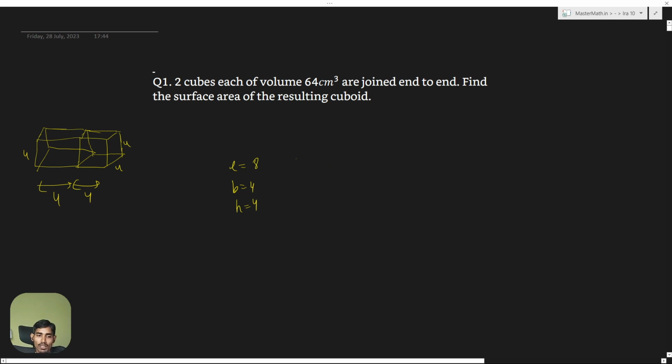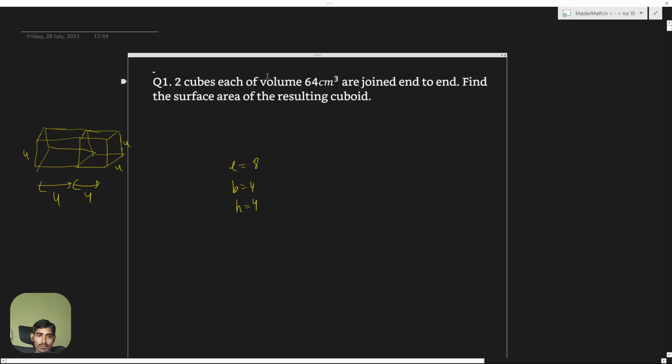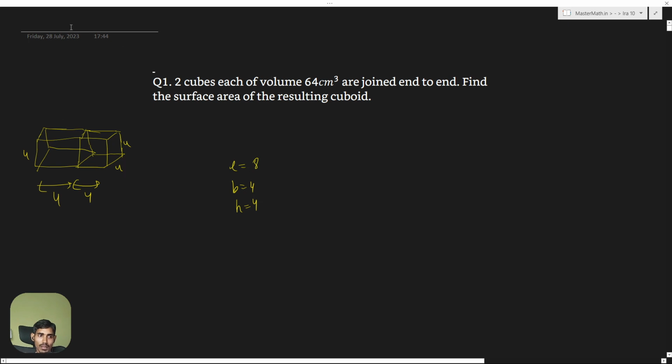So what do you want? Curved surface area, total surface area, what exactly? Total surface area, right? Because it says resulting. Correct. So the formula we will have to put is 2 times LH plus BH plus LB.